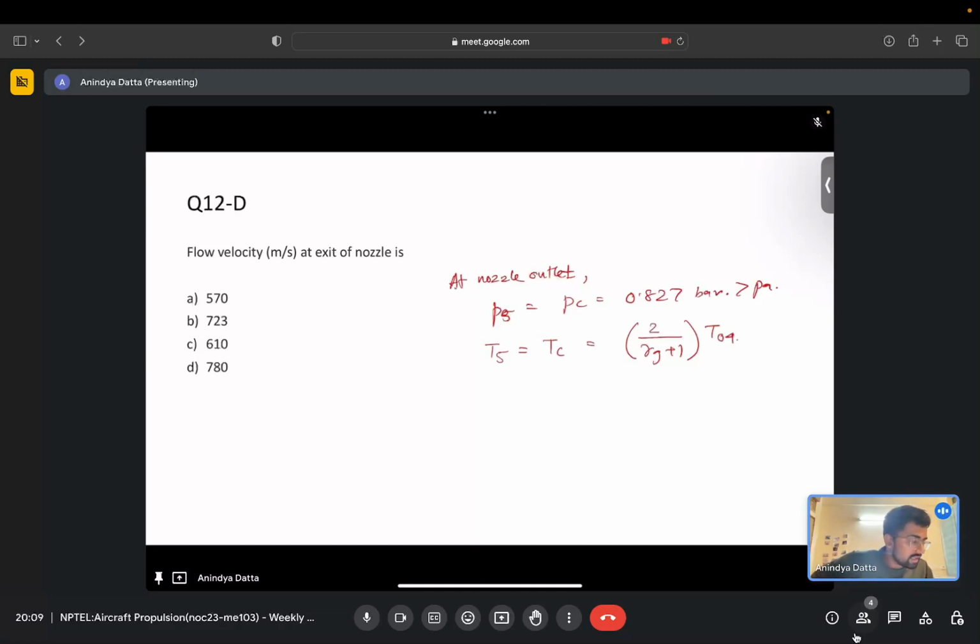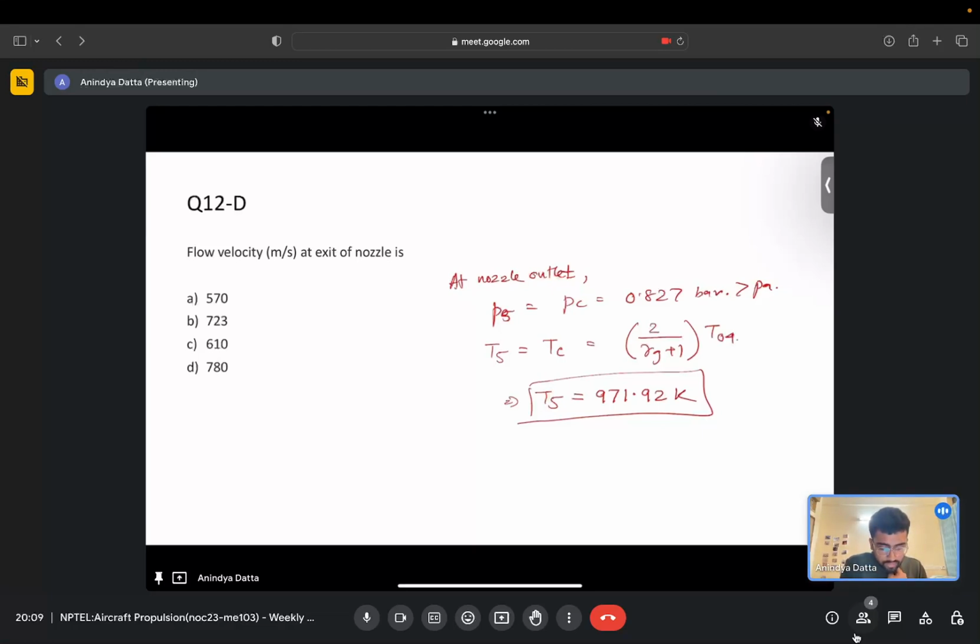We are using that here to compute the temperature at the exit. T5 comes out as 971.92 Kelvin. This is our static temperature at the exit.